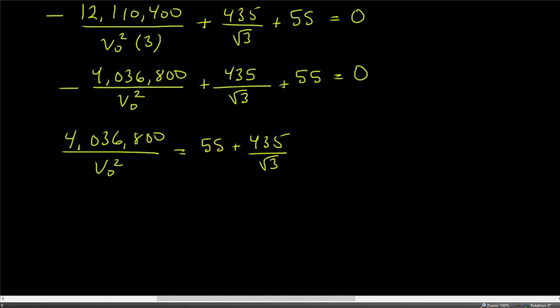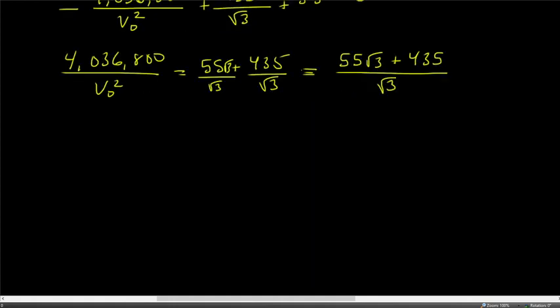Fair enough. I guess what we can do is get a common denominator, right? Multiply this by root 3 over root 3. So this is 55 square root of 3 plus 435 all over the square root of 3. Right? And now we can just cross multiply.